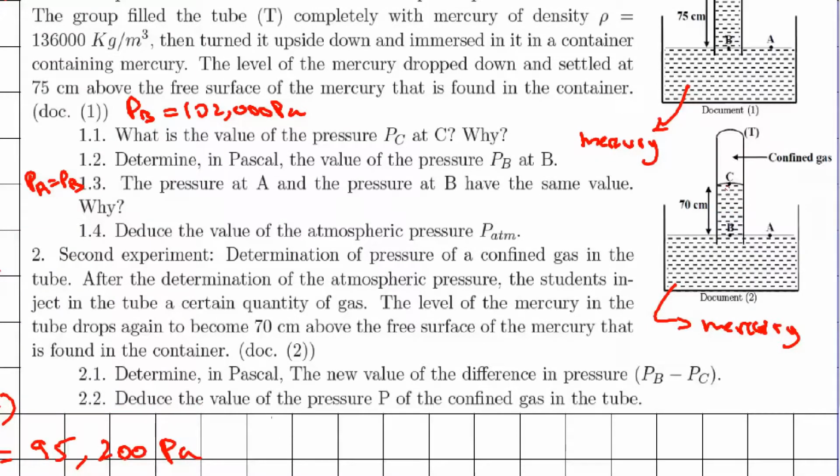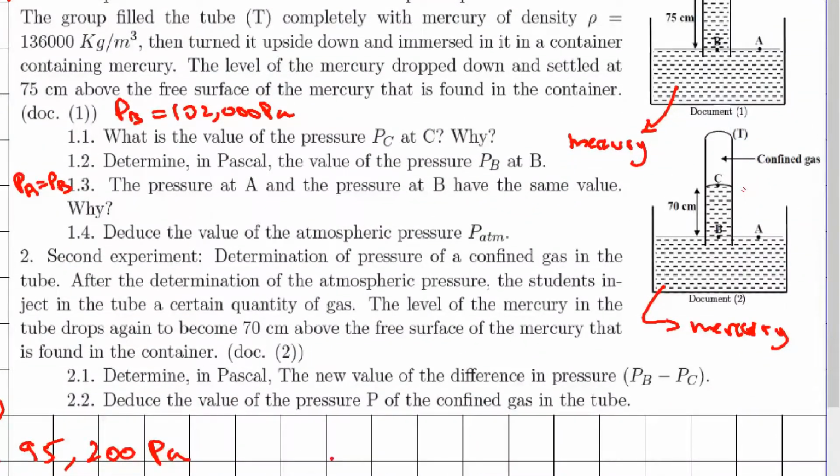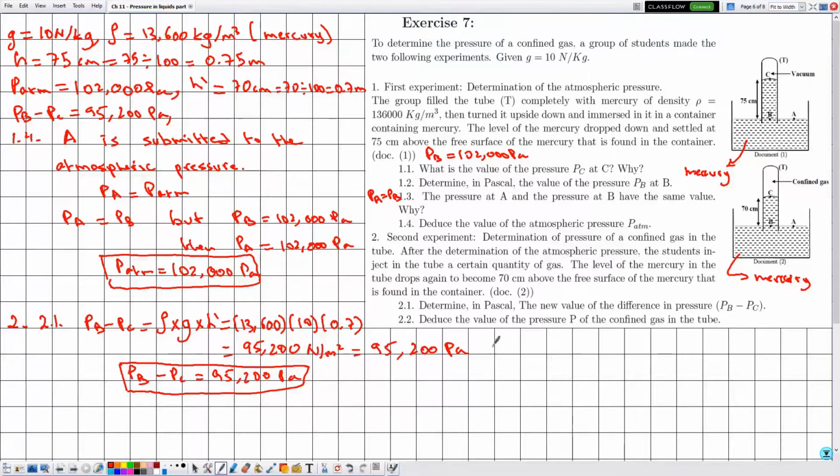Now in 2.2, deduce the value of the pressure P of the confined gas in the tube. So here we need to determine the pressure of the confined gas. Notice that the point C is submitted to the pressure of the confined gas.